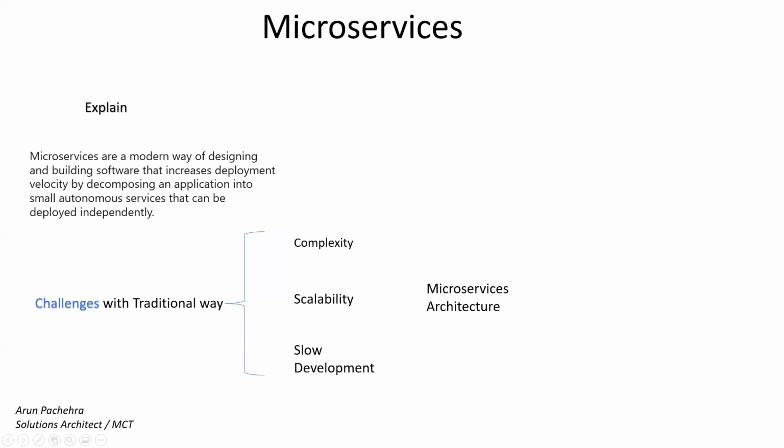So microservice architecture is a way of designing and building a software application as a collection of small independent services that communicate with each other through APIs. This allows for faster development and deployment cycles, as well as easier scaling and maintenance than is possible with a monolithic application. Right? So we are talking a lot of good stuff here with the microservice architecture. So let's quickly go and check some benefits.